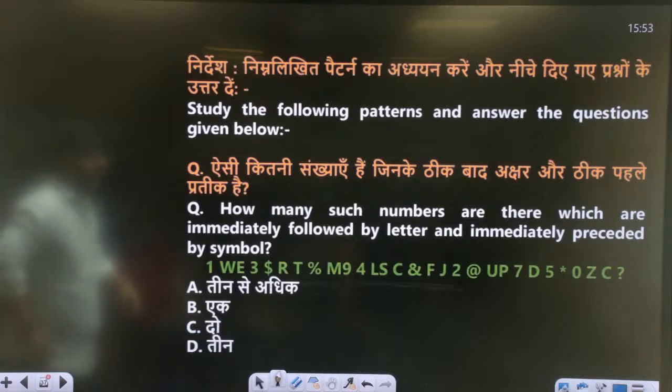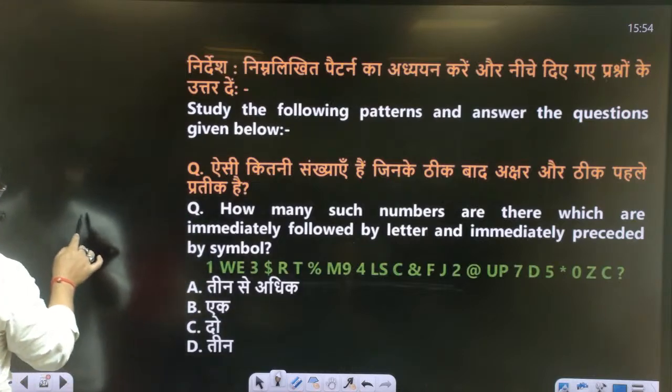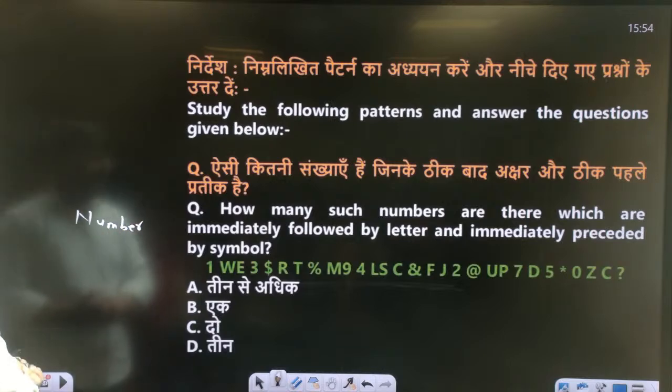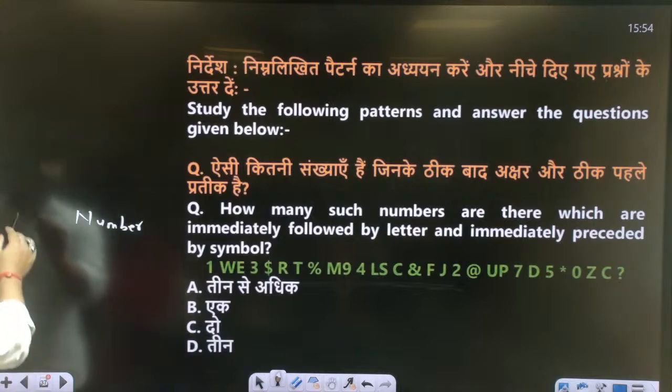How many such numbers are there which are immediately followed by a letter and immediately preceded by a symbol?